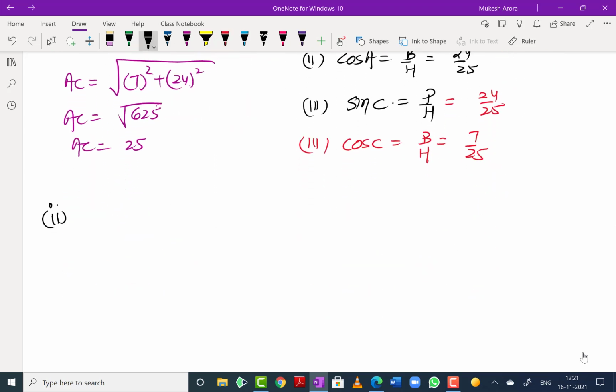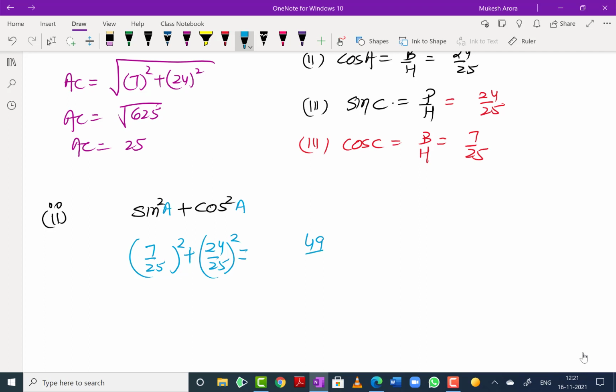Second sum in this is find sine square theta plus cos square theta. Sine square A plus cos square A. Sine A was 7 by 25. Cos A was 24 by 25.